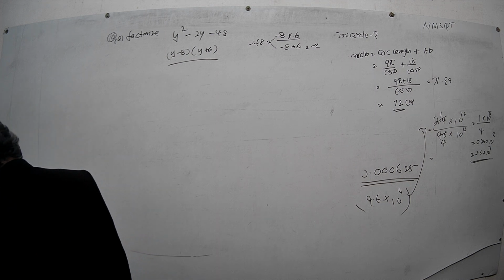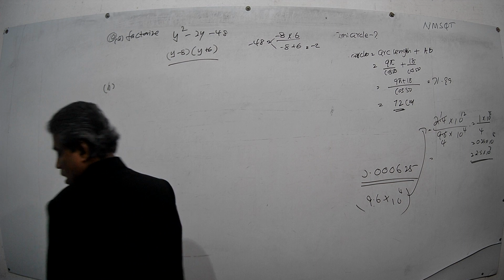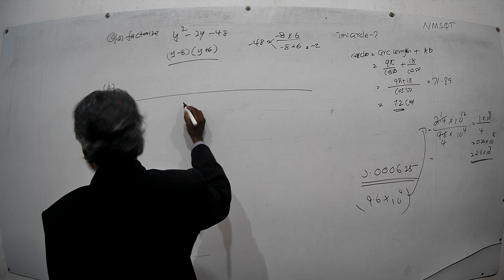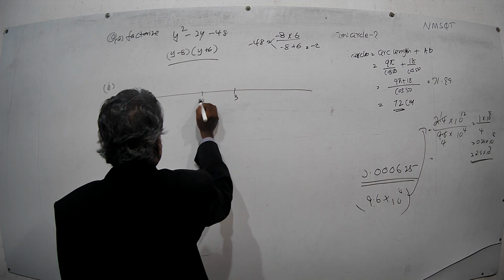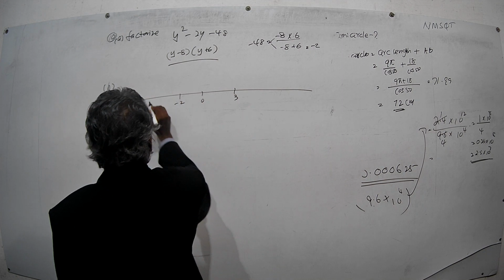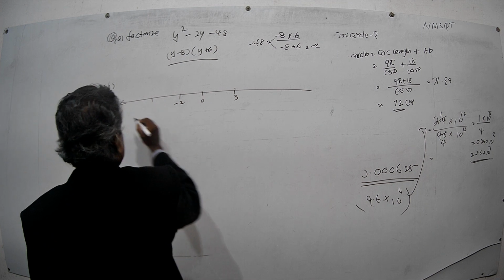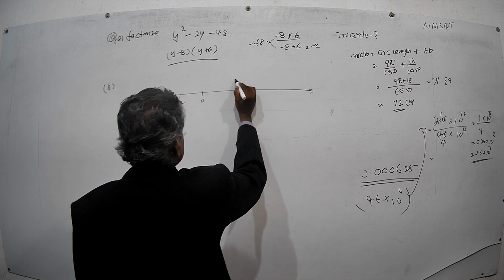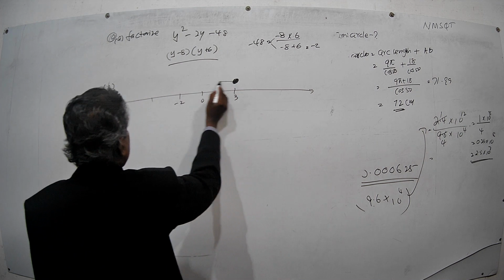Okay. Part B: write down the inequality. There's a number line like this. Here you get 3, here you get 0, then minus 2, like that you get the numbers. They have given the inequality mark like this. On this one, they have put a circle that has been shaded and drawn an arrow like this.